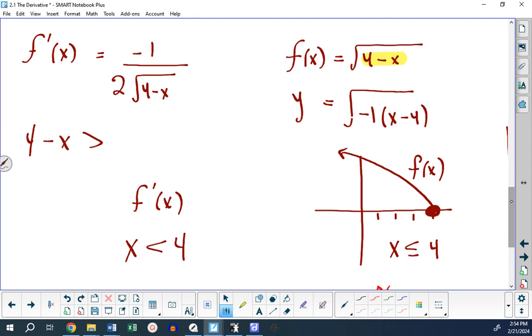So looking at the difference between these two, here 4 minus x can be greater than or equal to 0, which leads to this inequality with the less than or equal to symbol. Here, it just leads to this inequality, because otherwise you'd be dividing by 0. So there's a mathematical demonstration that the derivative can't exist there.